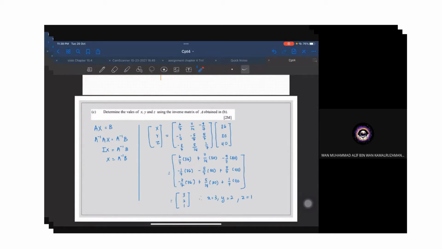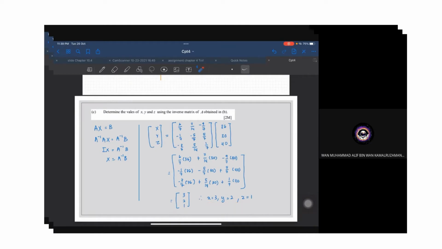We multiply as usual: 6 over 7 multiplied with 36, then 11 over 14 multiplied with 30, plus negative 9 over 7 multiplied with 40, and continue the same way for the other rows. Then we get a 3 by 1 matrix. As the conclusion, we get X equal to 3, Y equal to 2, and Z equal to 1.